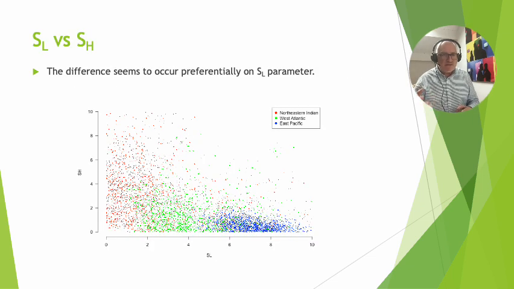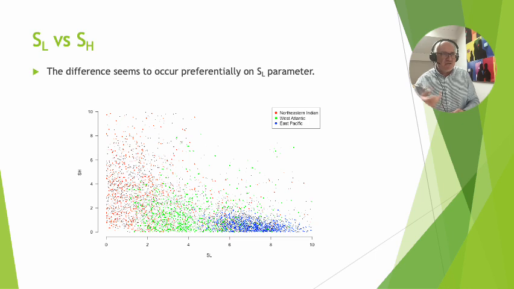Now let's do the same with SL versus SH. SL is the range of temperature where you have both sexes below the pivotal temperature. SH is the range of temperature where you have both sexes above the pivotal temperature.